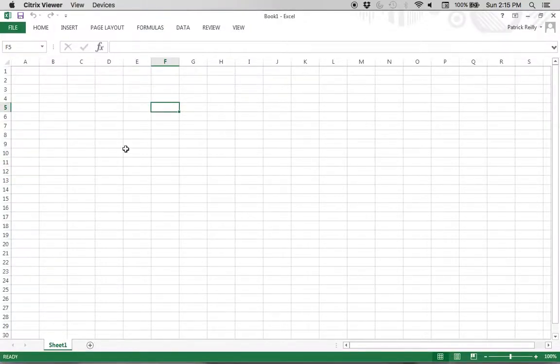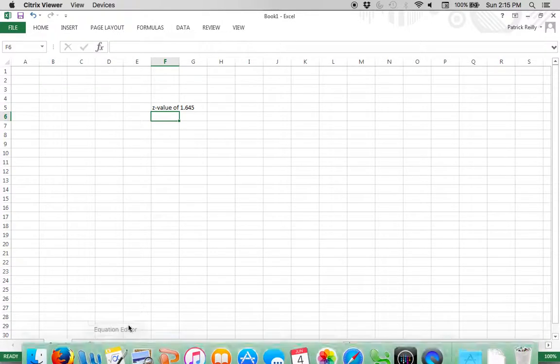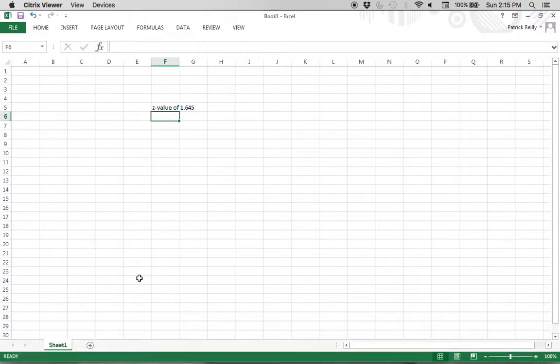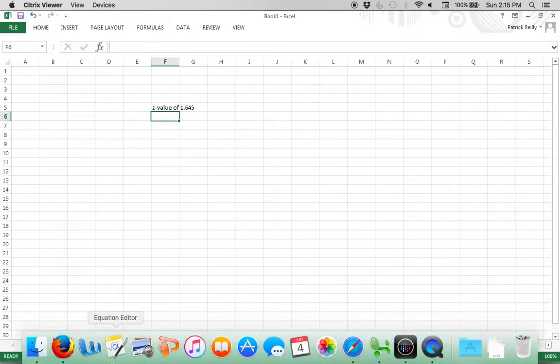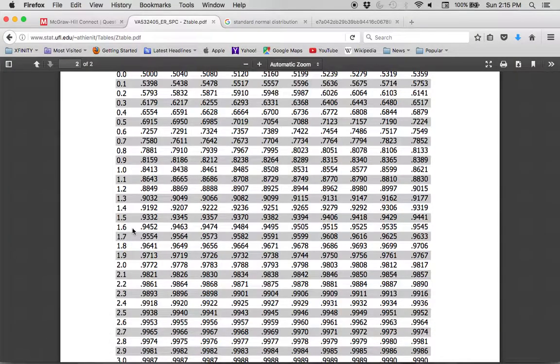So I want a z value of 1.645. Now, you could probably do this with 1.64 or 1.65, but I'll just go in between because it's going to be closer. We were looking for 0.9500.